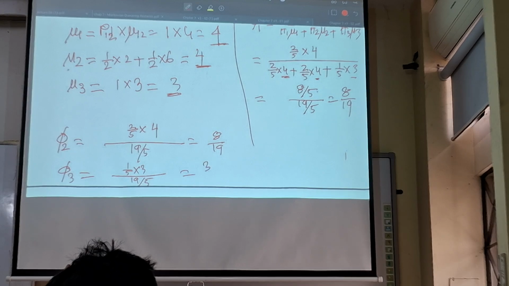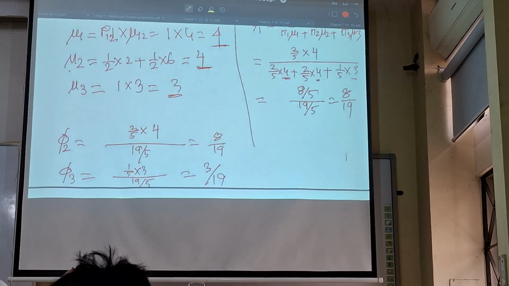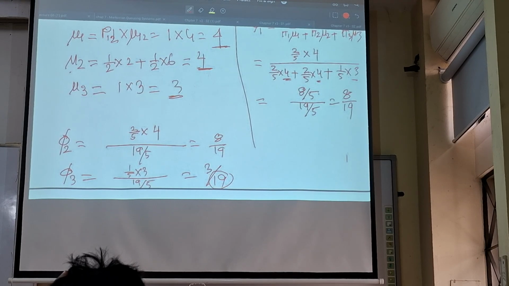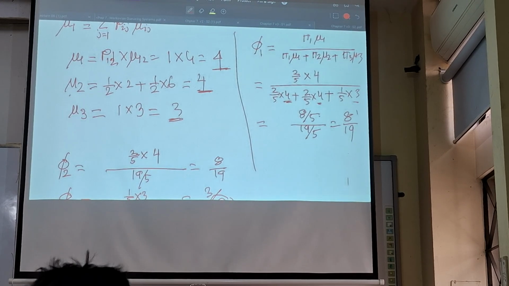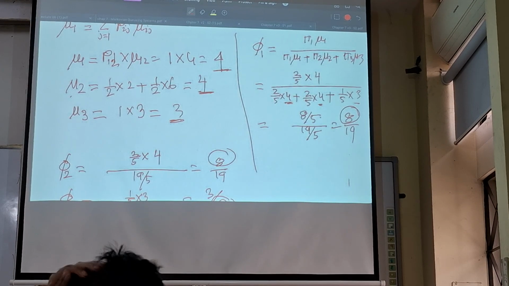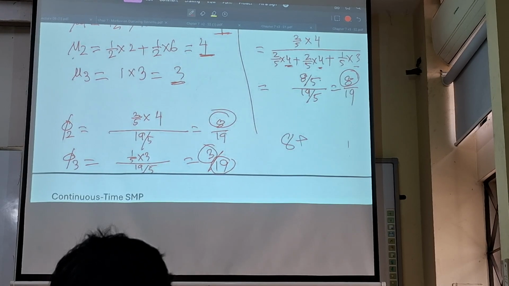This is 3 by 19. So, in a cycle of 19 units, the process will be in state 1 for 8 units, 8 units of time in state 2, and 3 units in state 3. So 8 plus 8 plus 3.